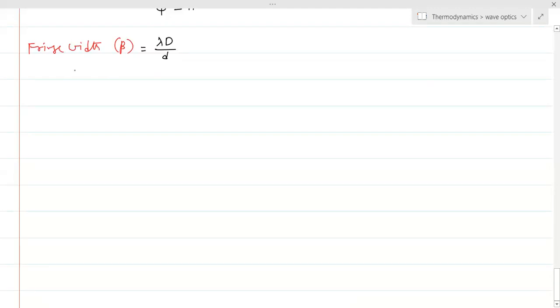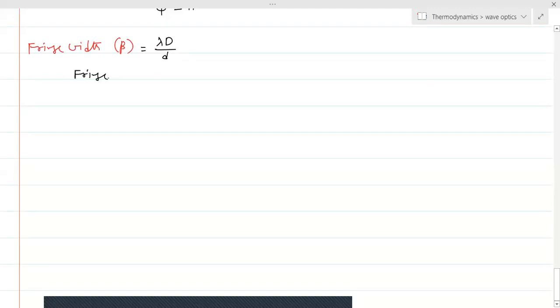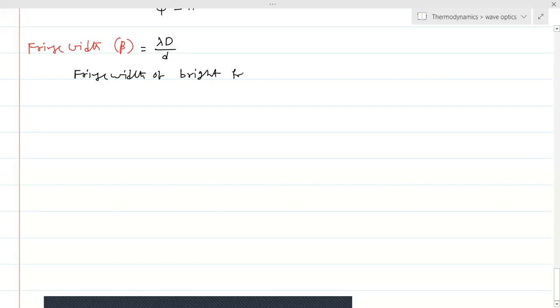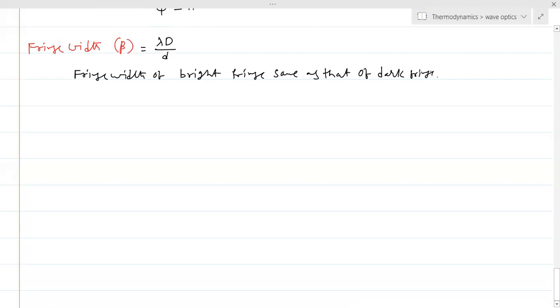And we know that the fringe width of a bright fringe is the same as that of a dark fringe.